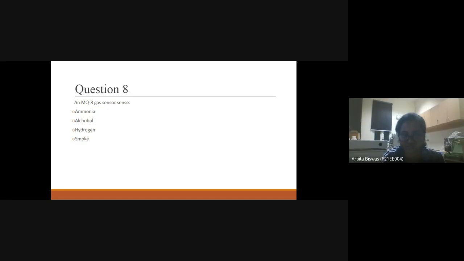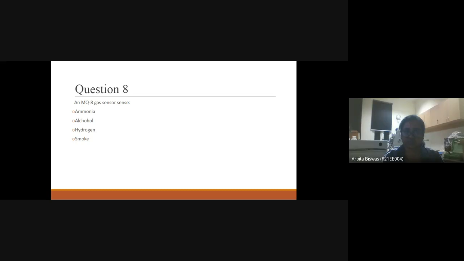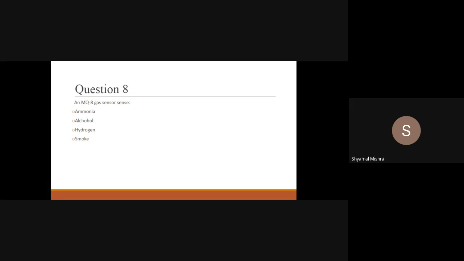MQ8 gas sensor is basically used as a hydrogen gas sensor. Oh, okay, hydrogen. So what is the MQ? Actually, this code term is used for different types of gas sensors like MQ3, MQ8. You can see the full form of the MQ. Okay.